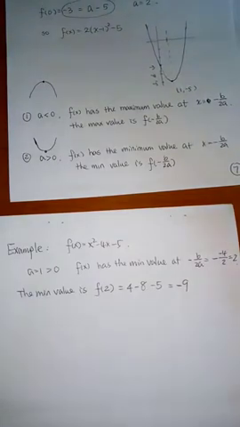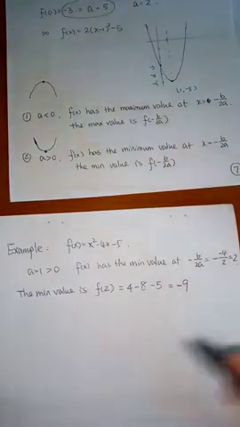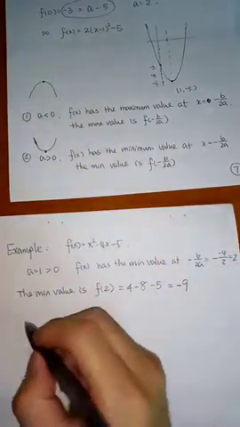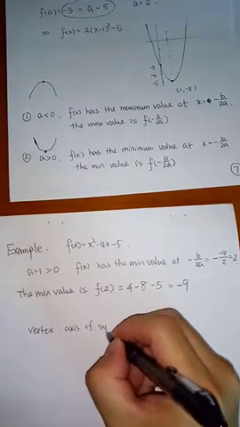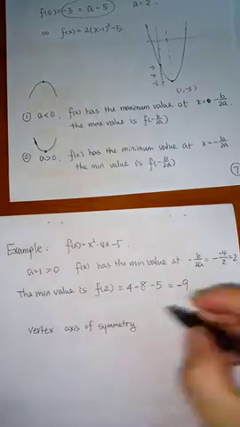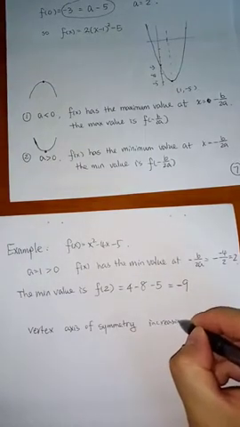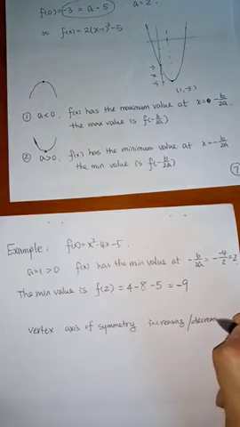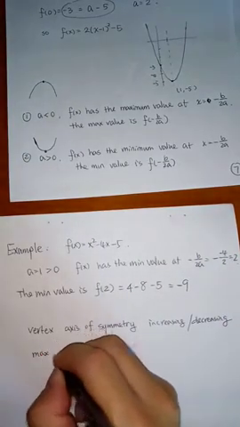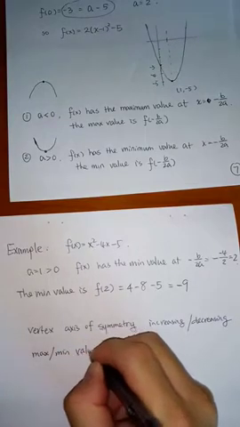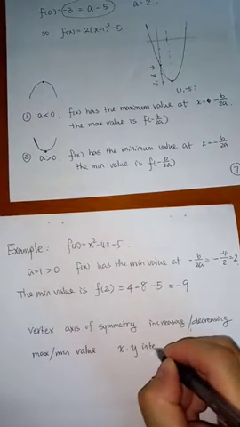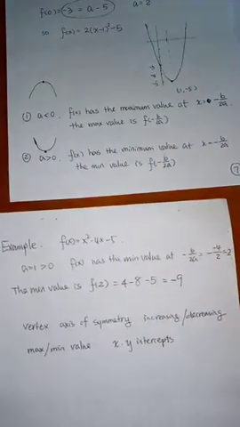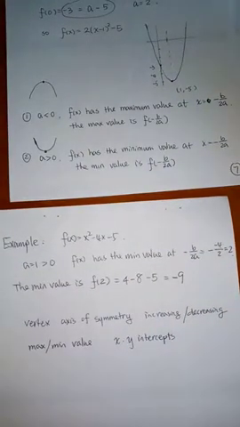You know the vertex, the axis of symmetry, increasing, decreasing, max/min value, and x and y intercepts. Those 5 things are all the important quantities, all the information about the quadratic polynomial.